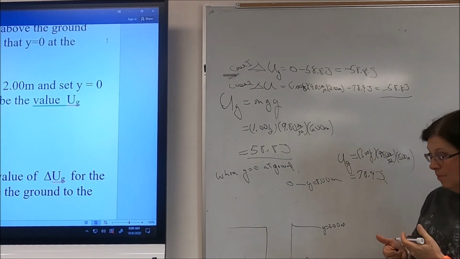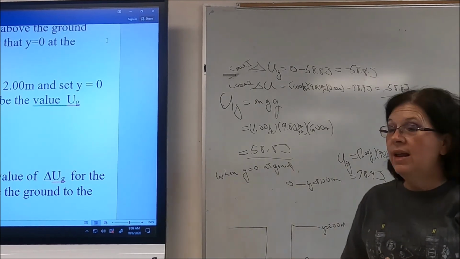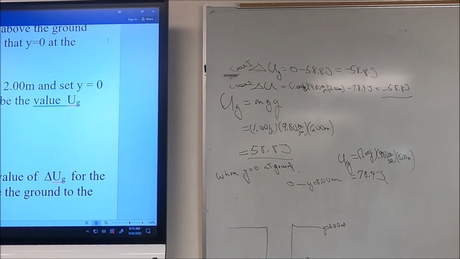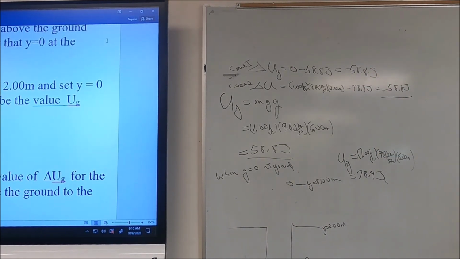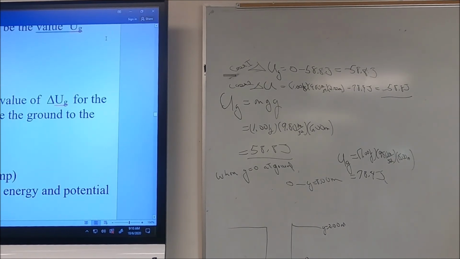So the important takeaway here is that the absolute value of gravitational potential energy is not what's important, but change in gravitational potential energy is what's important.